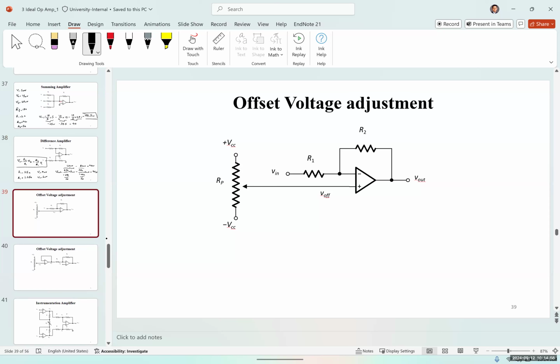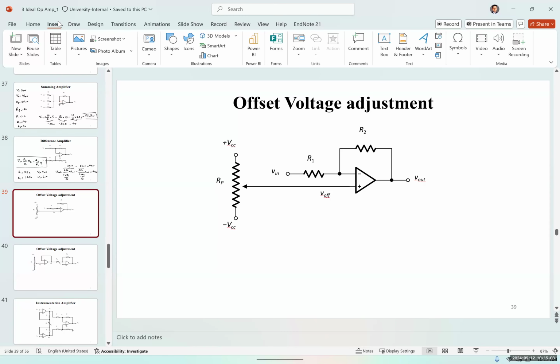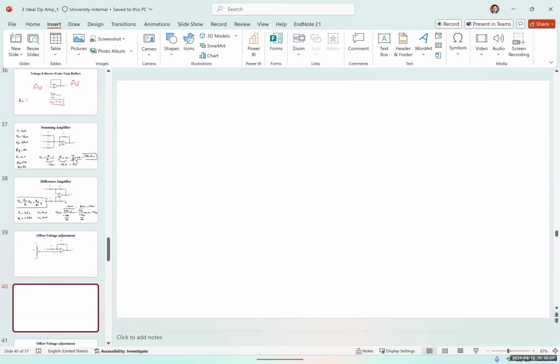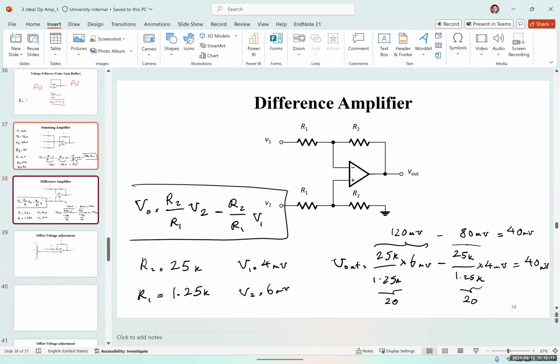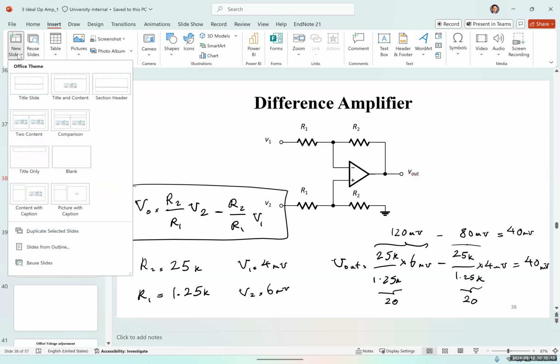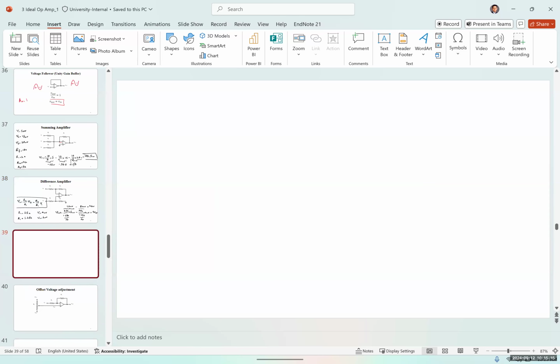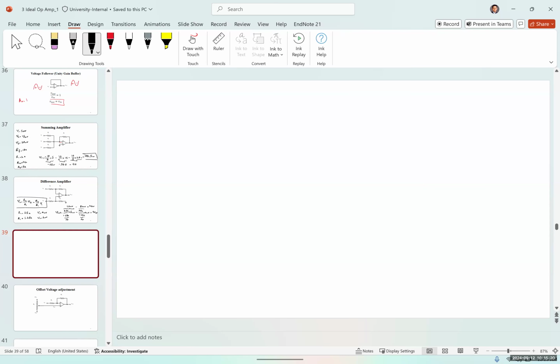Now, another kind, let me finish with this one. I think this is more important. We also have a different type of op amp.